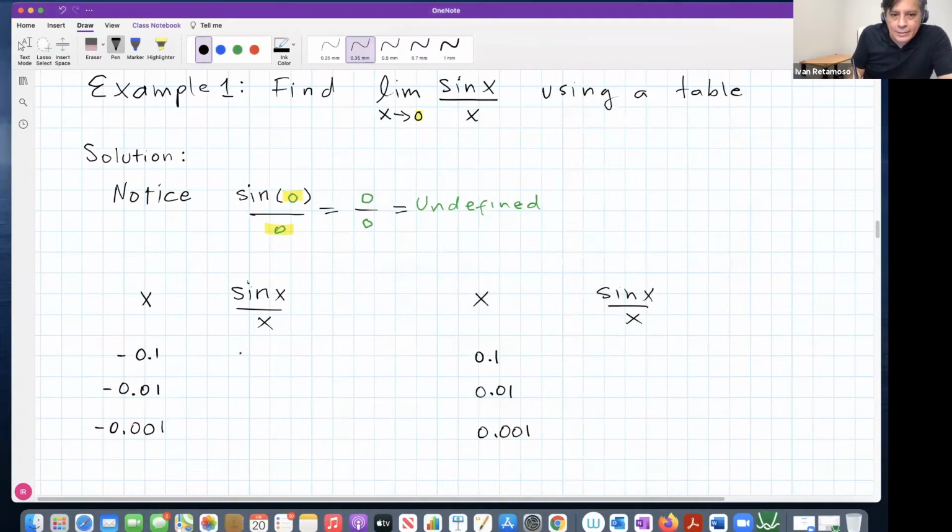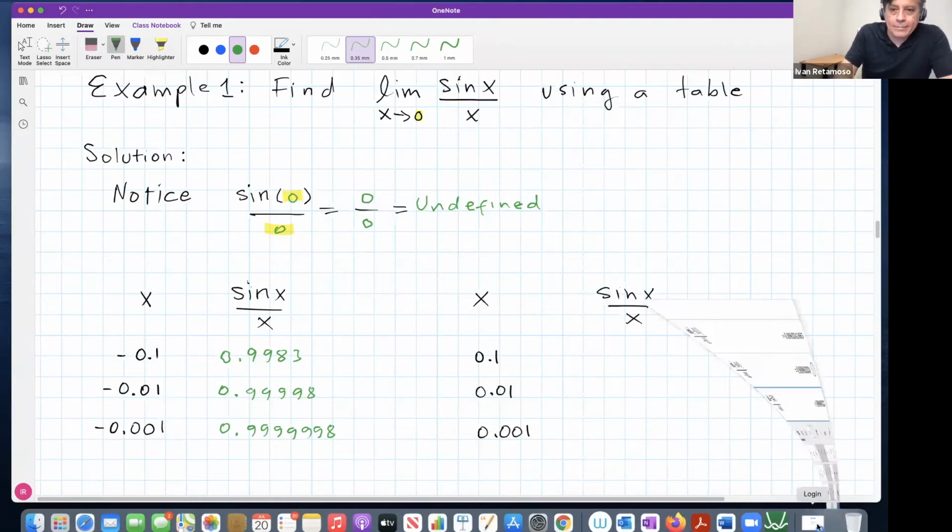So we got 0.9983 for the first computation. For the second computation, we got 0.99998. For the third computation, we got 0.9999998.